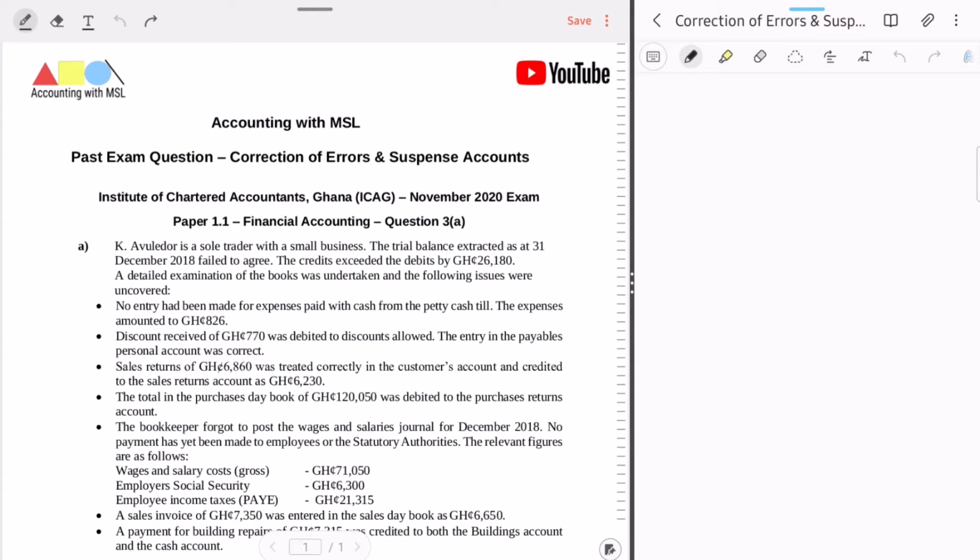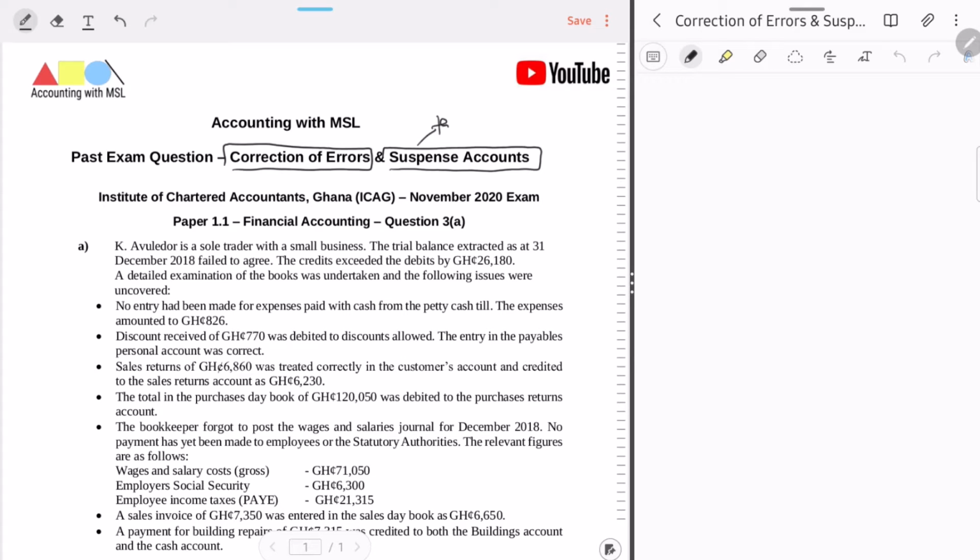So, as the name implies, we are talking about correction of errors. This implies that someone has made a mistake. Someone has committed an error in recording certain transactions or in putting certain transactions in the books. There is a second component which is called suspense accounts. For your very basic understanding, let's see suspense accounts, as the name implies, as a temporary account.